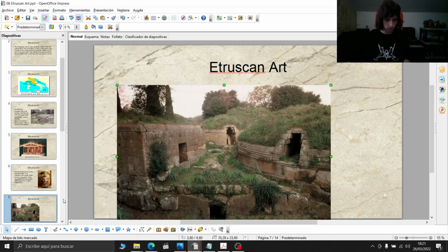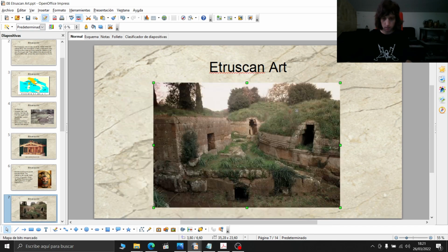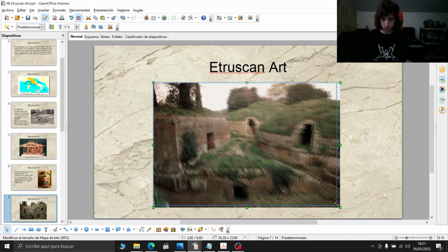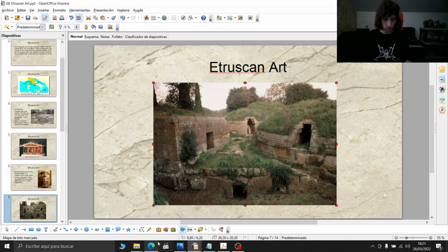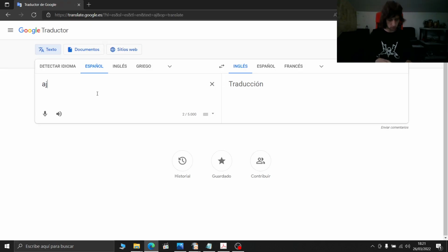And also the funerary. Not sure how to translate. Ajuar is that.